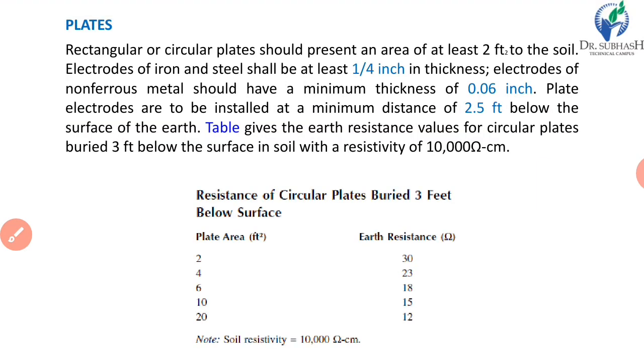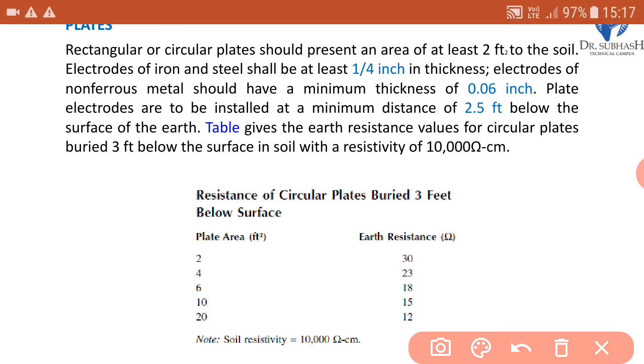Now plates. Rectangular or circular plates should present an area of at least 2 feet square to the soil. Electrodes of iron and steel shall be at least 1/4 inch in thickness. See, this 1/4 inch is the minimum value.